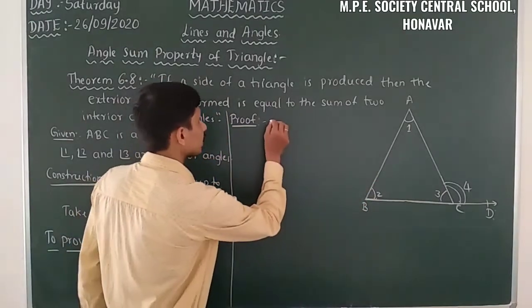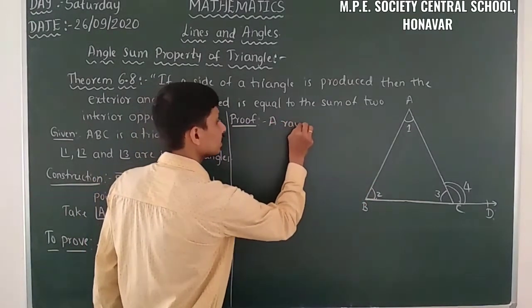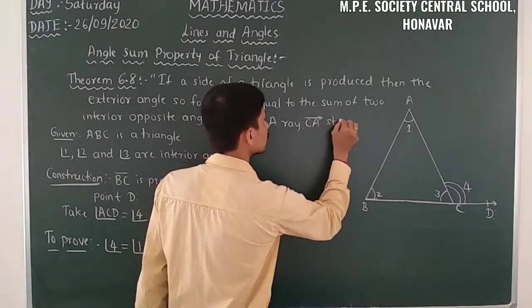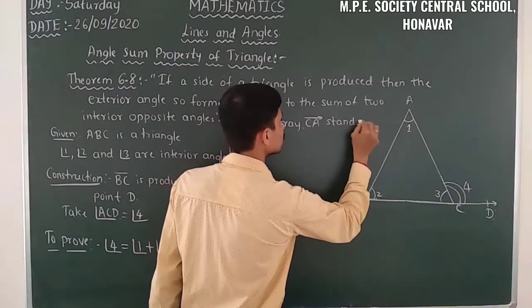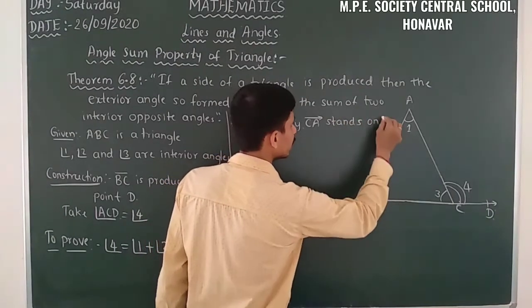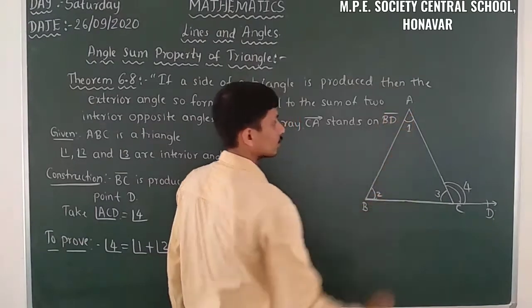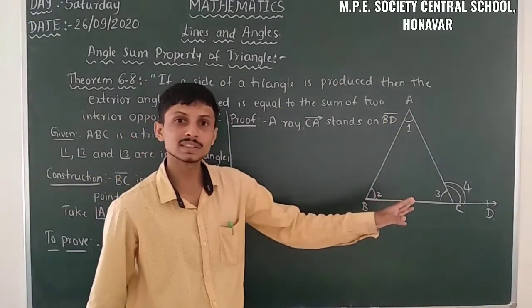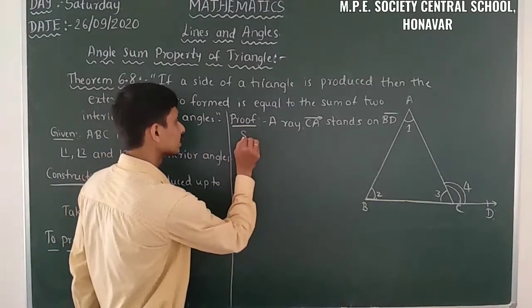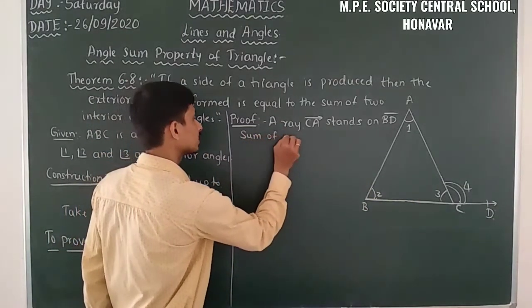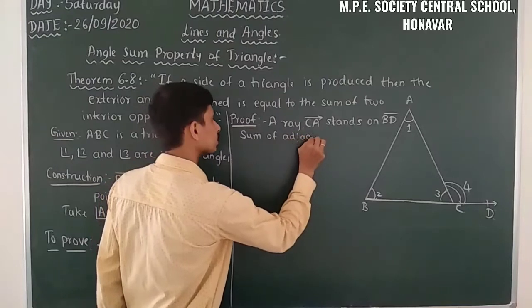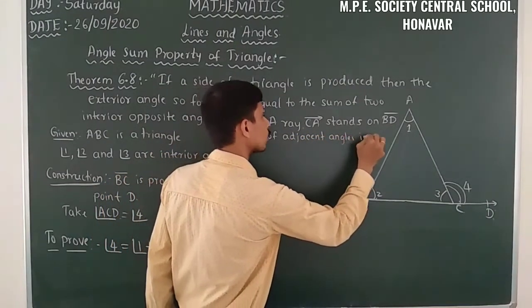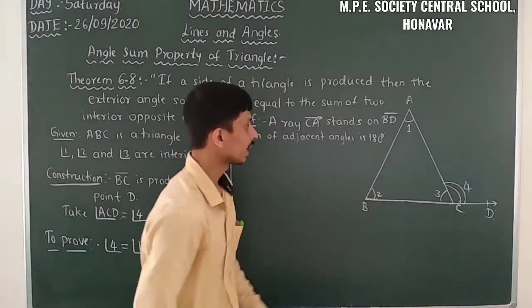So ray CA stands on BD. What happens here from axiom 6.1, that is, the sum of adjacent angles is 180 degrees.